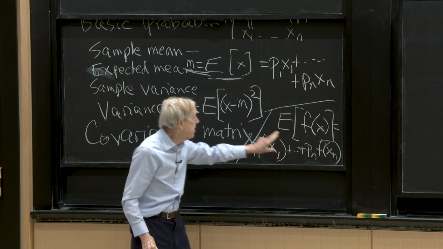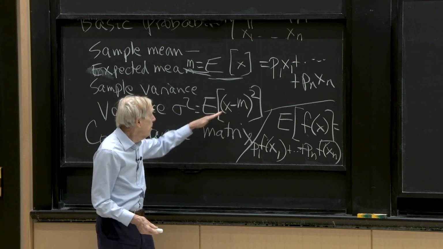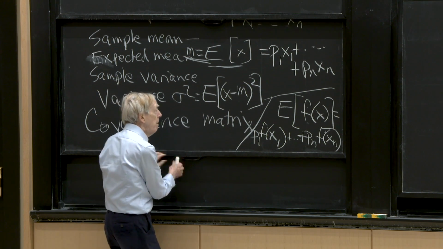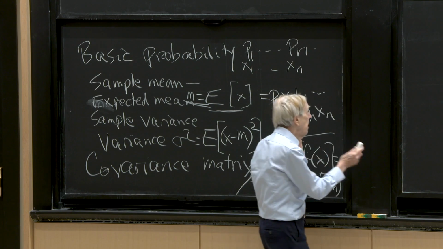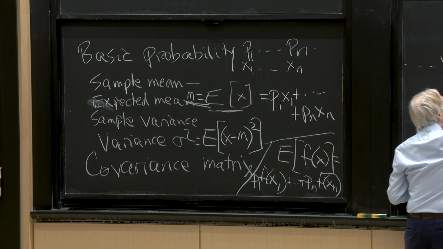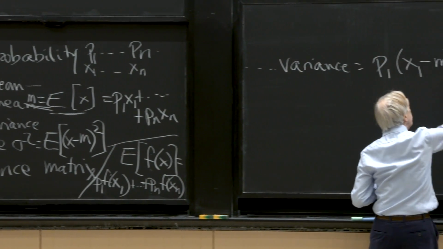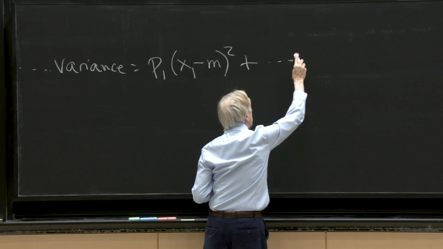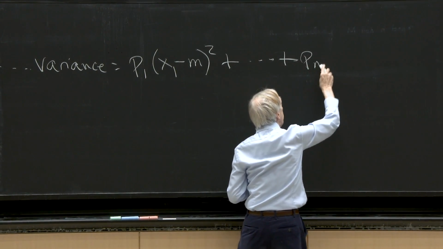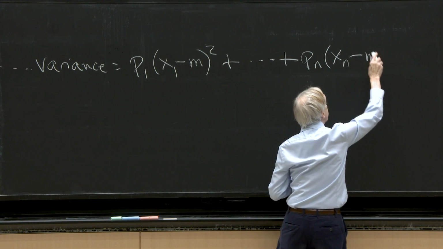And if that f of x is x minus m squared, then we get what we expect, and let me remember that. So I just want to keep going with variance. It's the sum: the first probability times the first output minus the mean squared, up to the last probability times that last output, xn minus m squared.